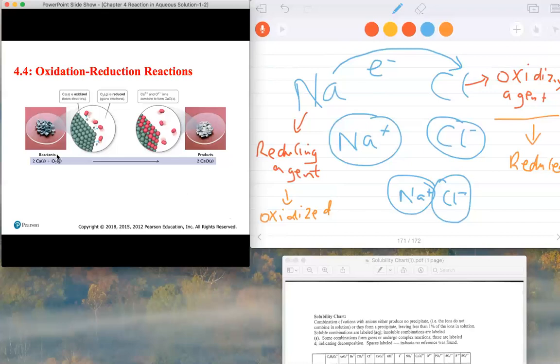Let's look at this equation on the PowerPoint slide right here. Solid calcium reacts with oxygen gas to form calcium oxide. Metal will lose electrons, whereas non-metal gains.